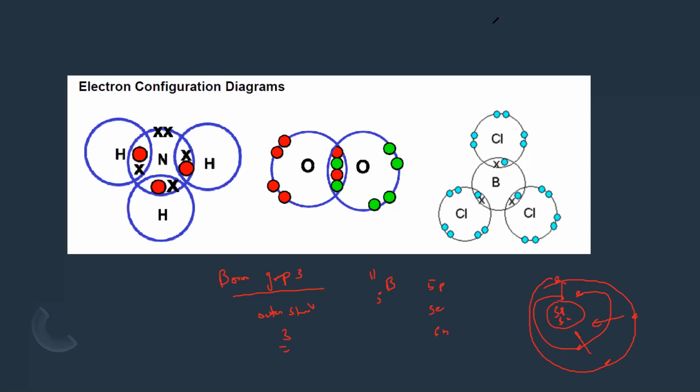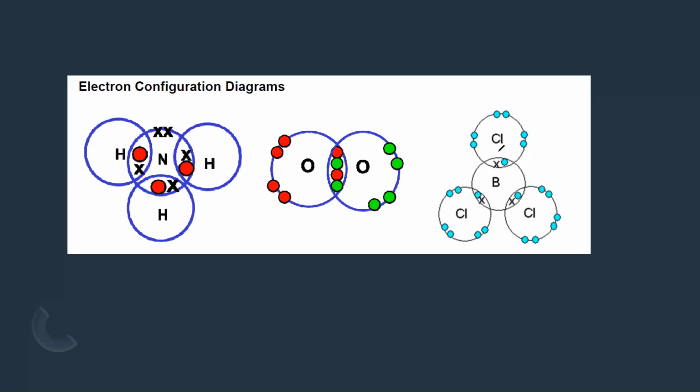But when boron is sharing electrons, it is not able to complete its octet because it doesn't have enough electrons to complete it. So there are some exceptions in which the element will not complete its octet. But the other element, because it is forming a bond with chlorine, each chlorine shares 1 electron. So overall 3 electrons are shared.